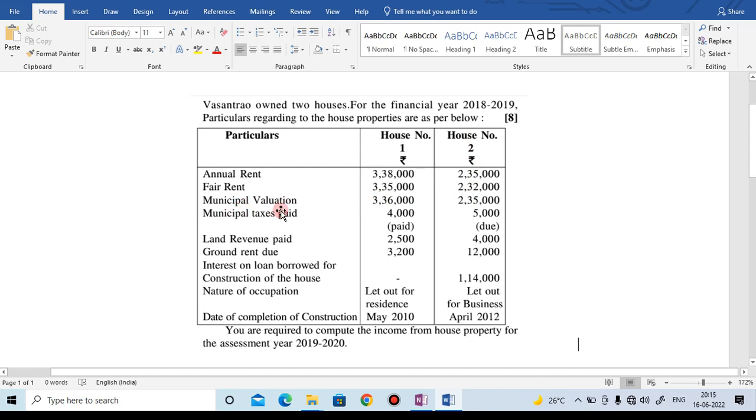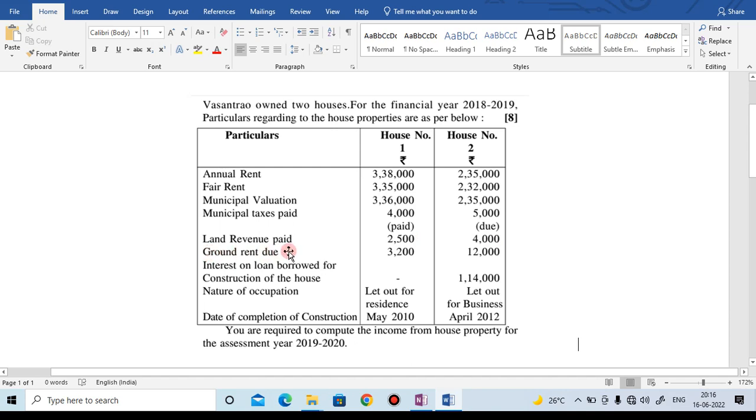Municipal valuation is given for house number 1, that is 3,36,000, then 2,35,000 for house number 2. Municipal tax paid for house number 1 is 4 lakh, which is paid, as written in brackets, and for house number 2, 5,000 is due.